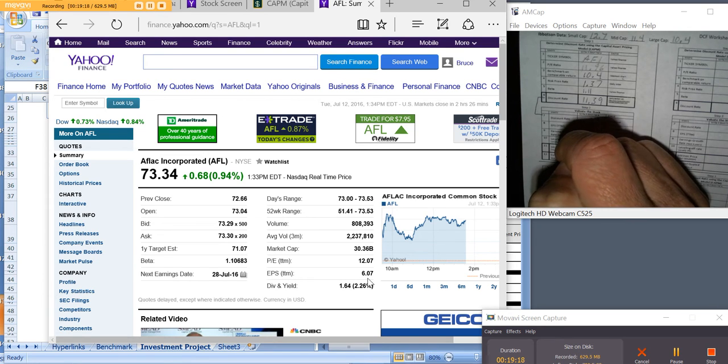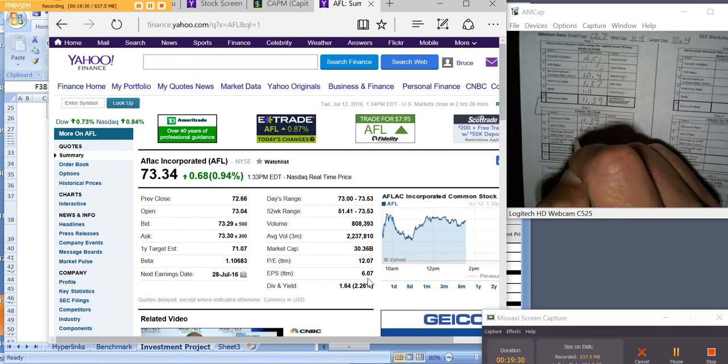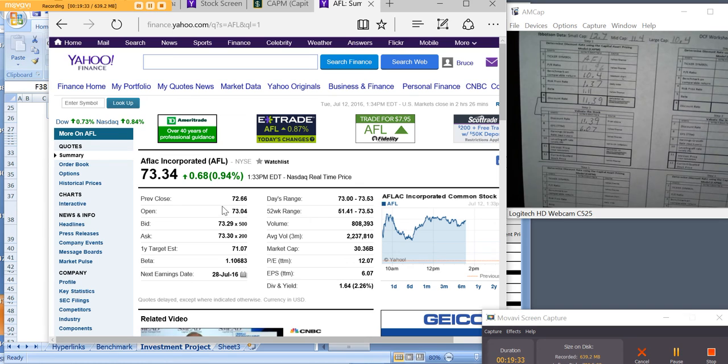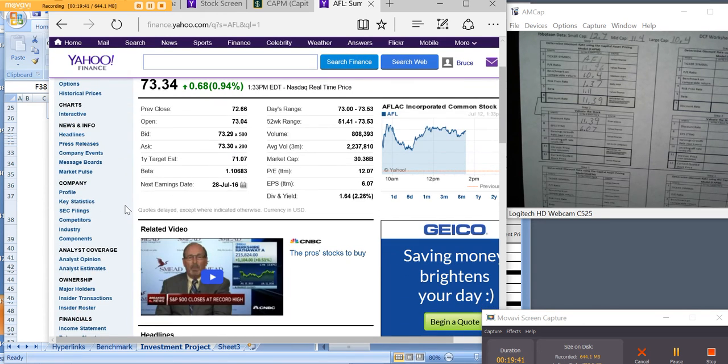The next piece of information I need, in row 9, is the earnings growth rate for the next 5 years. Now, on Yahoo Finance, on the left-hand side, I'm going to go down here to Analyst Estimates.